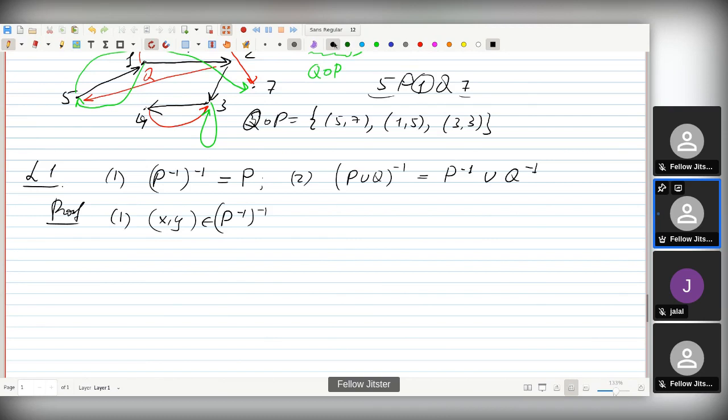We can take an arbitrary pair; for every pair, its coordinates are uniquely determined. So what does it mean that xy belongs to this set? By definition, that means that yx belongs to what?